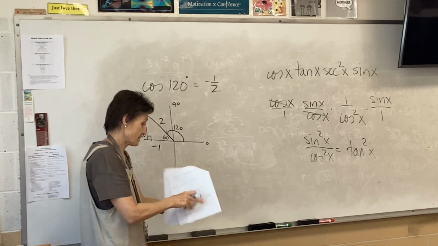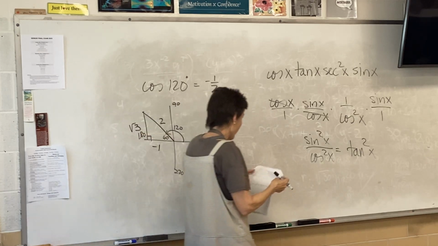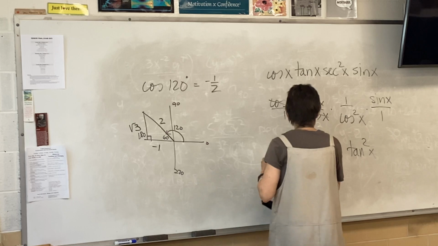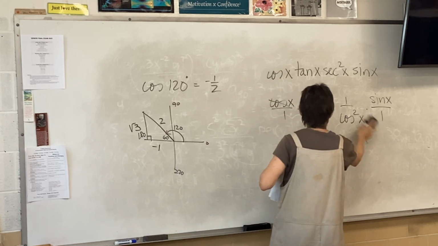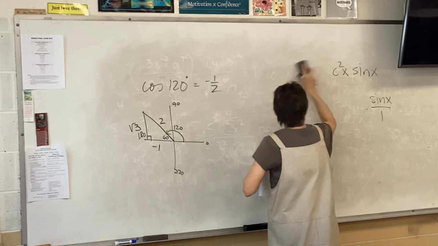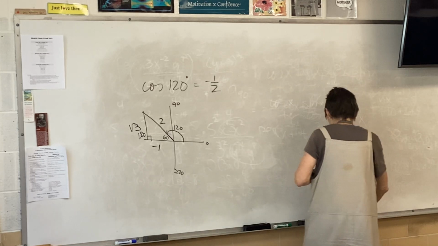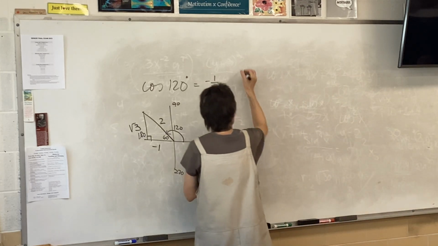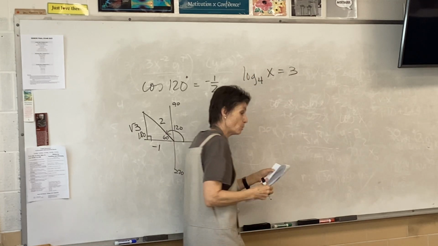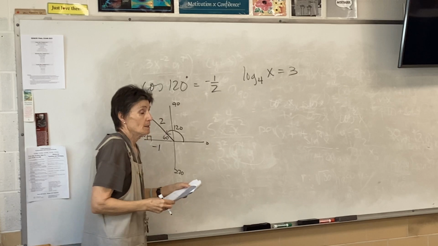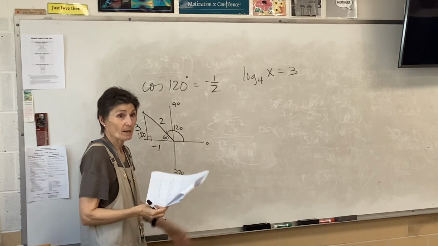All right, next page. Let's look at problem 4A. Problem 4A says solve this logarithmic equation. Keep in mind, if there's no star by it, it's going to be on the no calculator page. So this is a no calculator problem. Anybody remember how to do this?